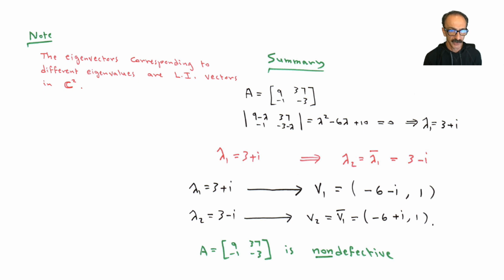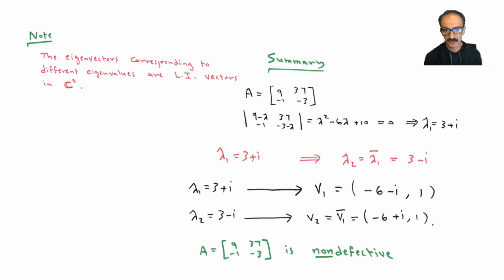Then we solved a system that refers to A minus lambda I times v equals 0, which comes from Av equals lambda v, and we used the concept of the determinant, set equal to 0, to look for non-trivial solutions.